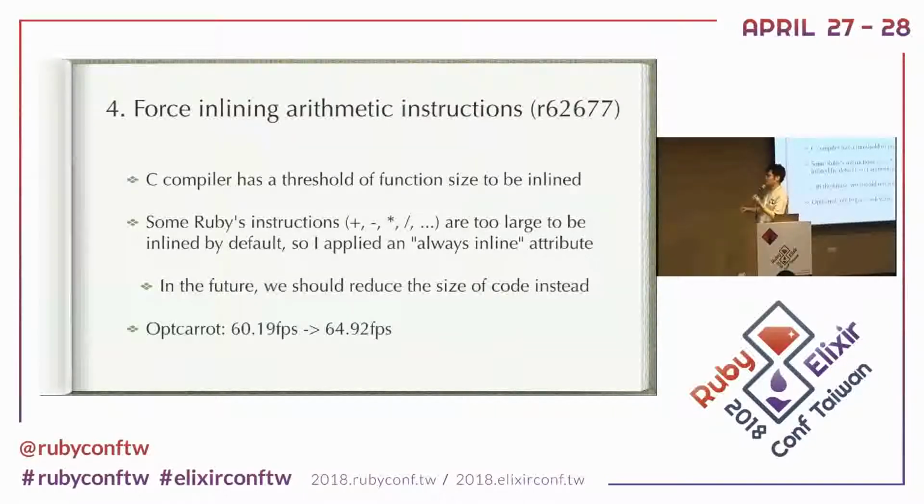So I needed to force the C compiler to inline those functions. And it contributes to the performance, like OptCarrot, which is measured in frames per second. By the way, OptCarrot is a benchmark of a Famicom NES emulator, and after it reaches 60 frames per second, it's done, but we are using it just as a Ruby benchmark.